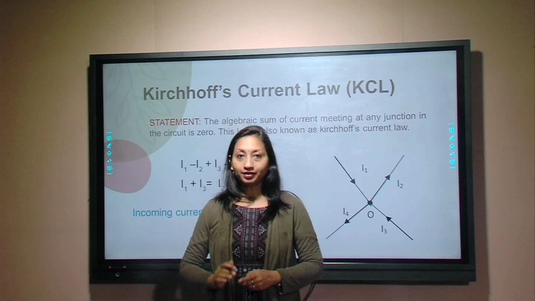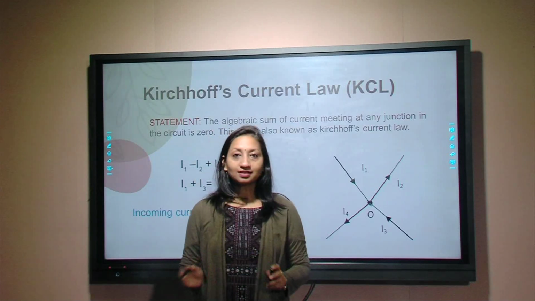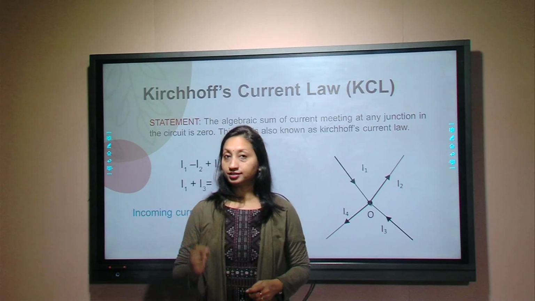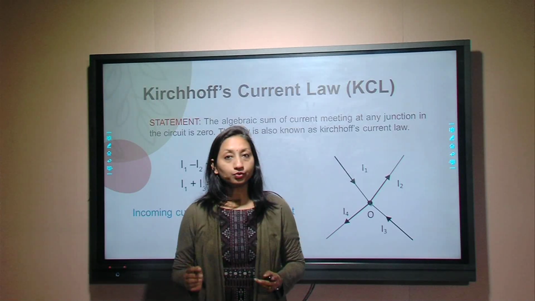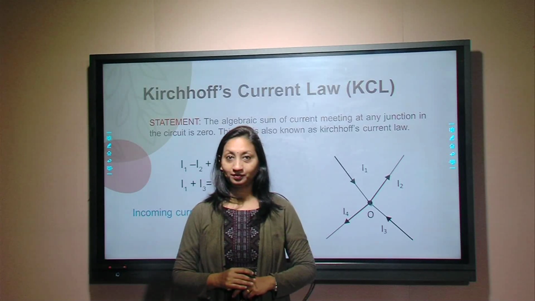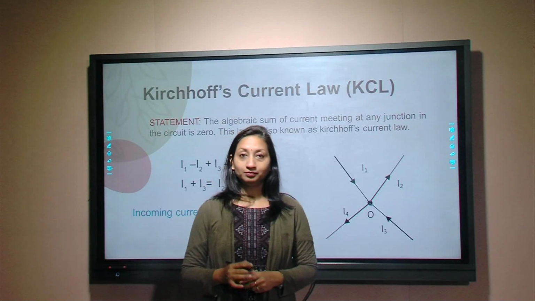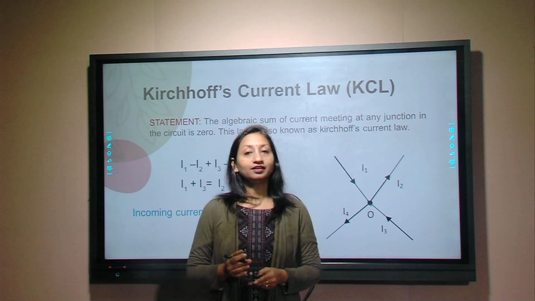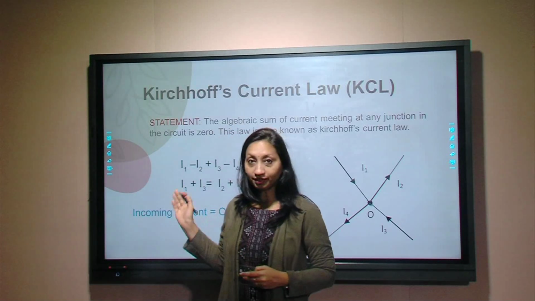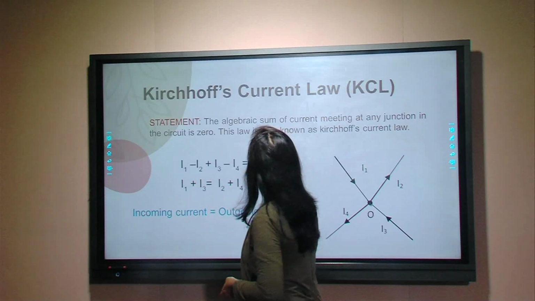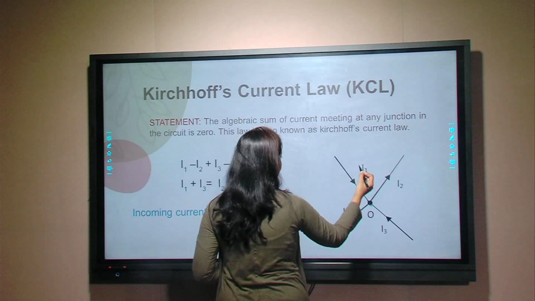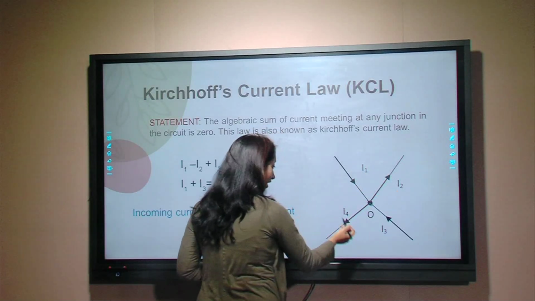Kirchhoff's current law states that the sum of the currents entering any node or junction in a circuit is equal to the sum of the currents leaving that node. A node may be an interconnection of two or more branches. In the figure, let us consider four conductors which carry currents I1, I2, I3 and I4.